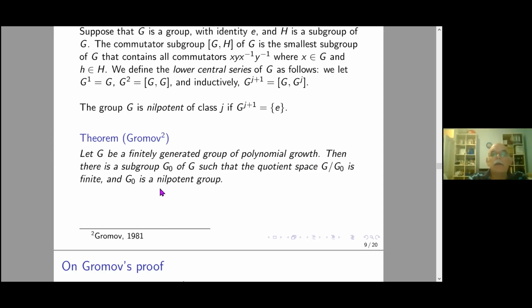And this was considered to be a very important theorem when it came out. It appeared in 1981, but it was announced before then, and for at least 20 or 30 years before then, people had been trying to prove this, and different people had proved different things about it.